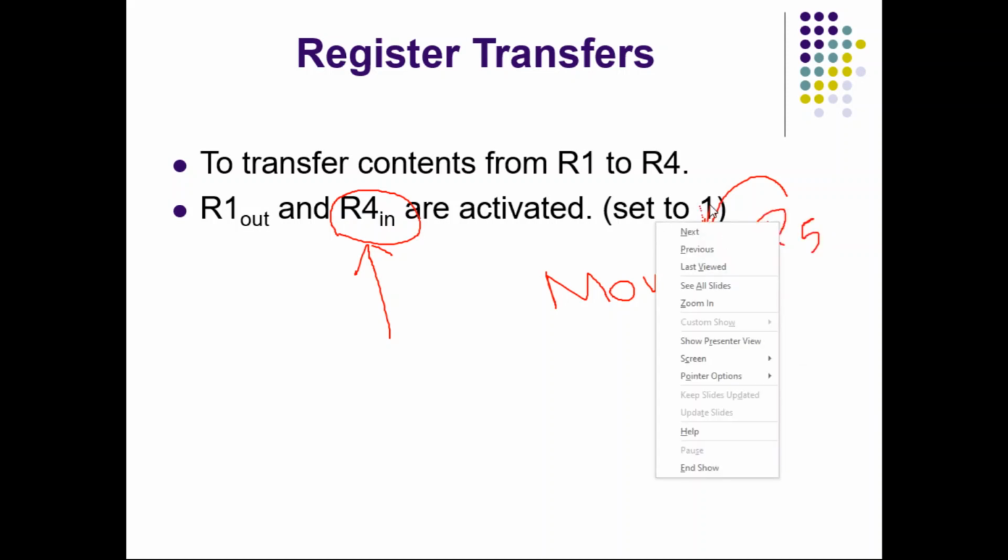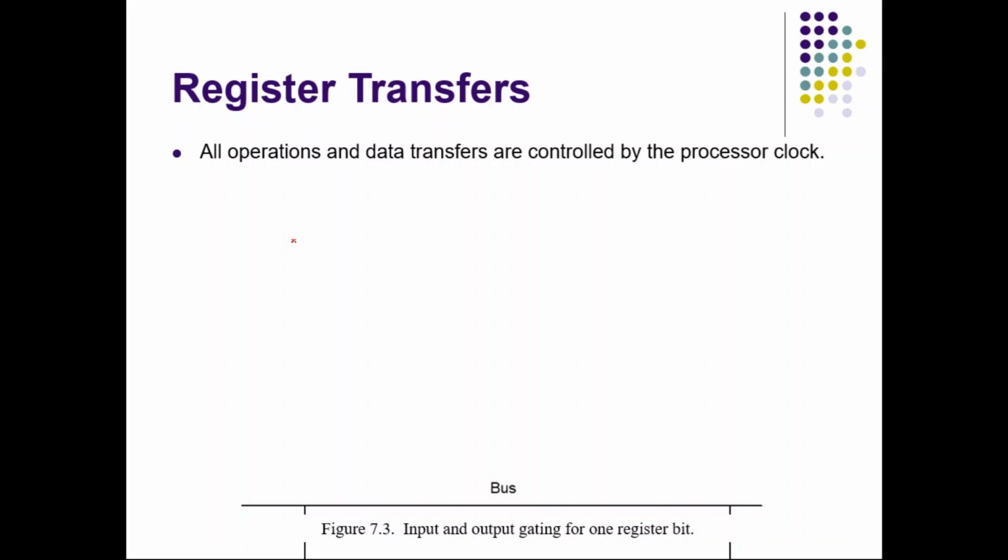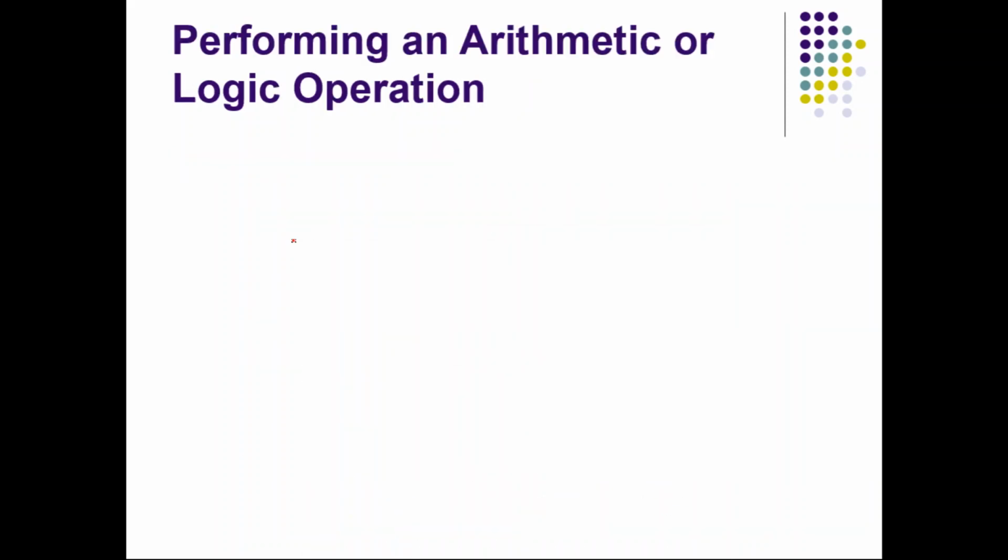R5 out, the content of R5 will be moved to the internal processor bus, and then R4 in, that is whatever is in the internal processor bus will be moved to R4. So we have discussed how the contents are transferred from one register to another register.